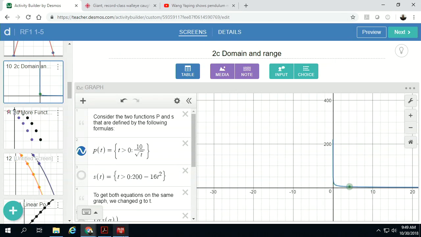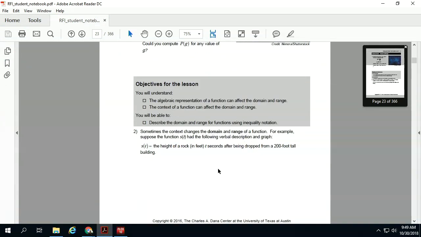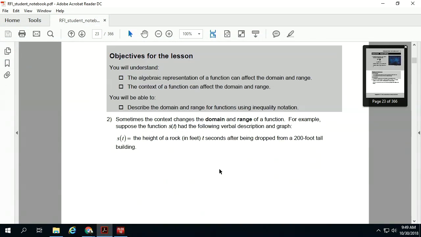Page 23. It says, sometimes the context changes the domain and range of a function. So let's talk about domain. How old a person is. The domain. What are the choices for how old the person is?